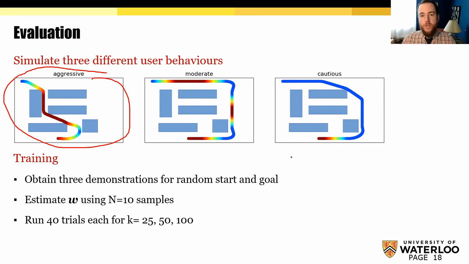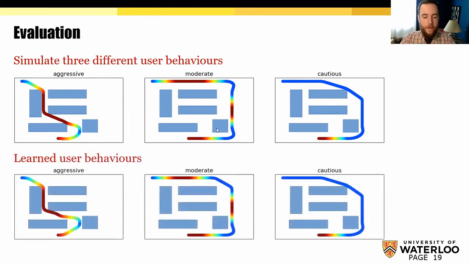Again, the goal was to see if we were able to learn behaviors similar to those presented here. The three archetypes presented here are for one particular map. For these maps, we saw that we could capture the essence of each of these archetypes quite well, which is shown in the bottom three figures.